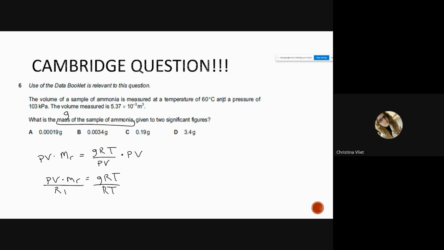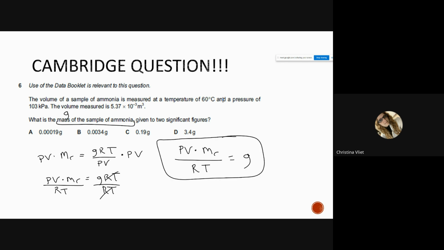So let's first make the right formula. PV MR over RT equals G. So that's our formula. Now what? Is the pressure in the right units?